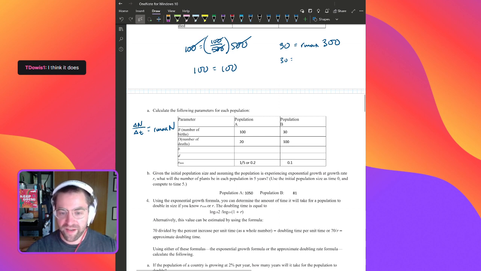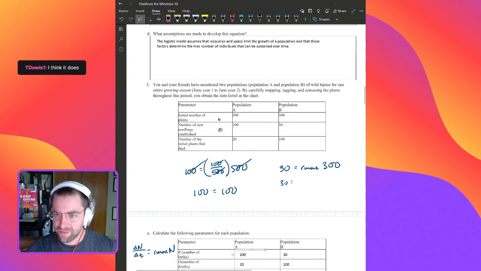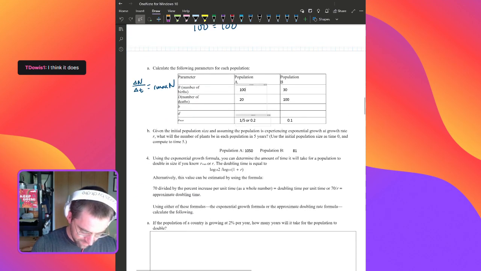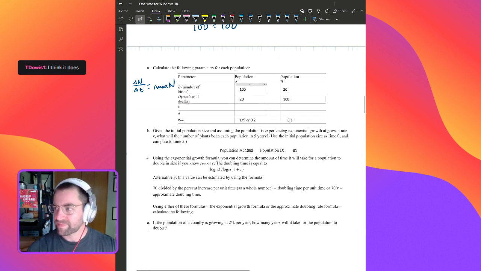All right. So now we're looking at 5 years. Use the initial population size as time 0 and compute to time 5. Okay, so we're starting with 500 for population A. Just write that off in the margin.